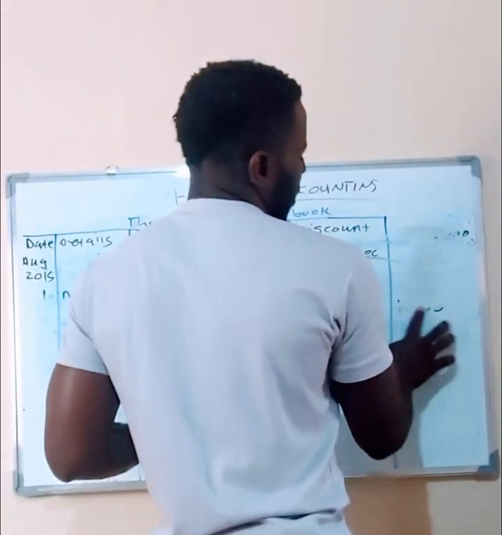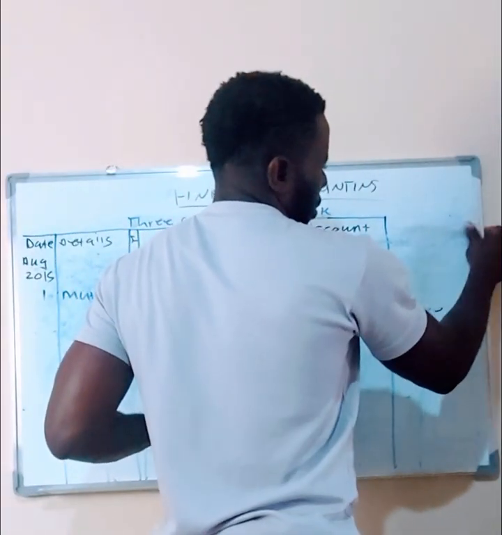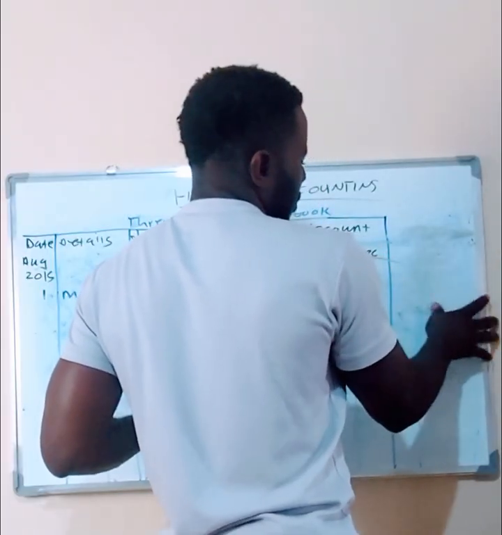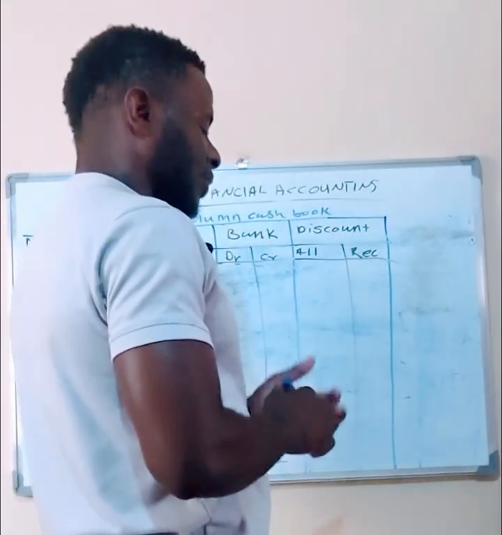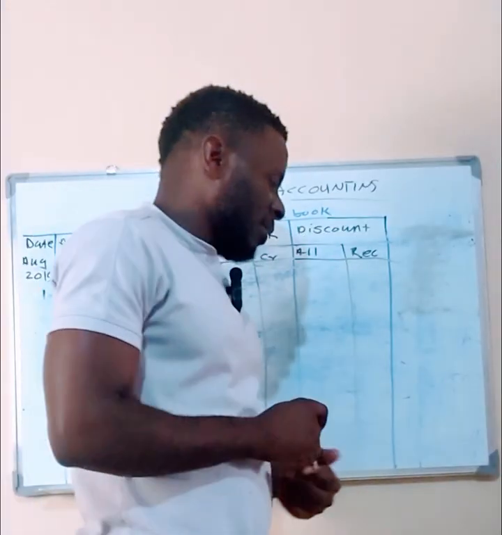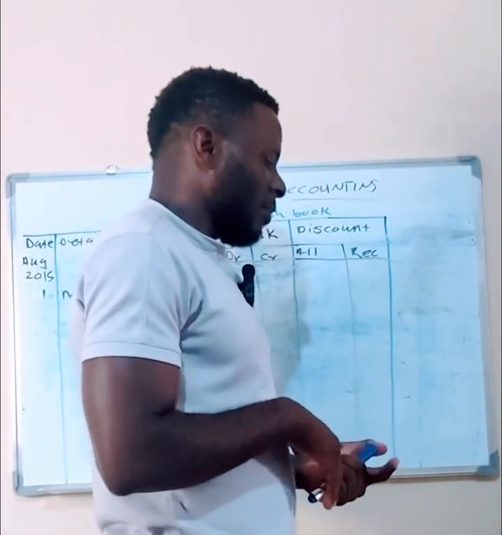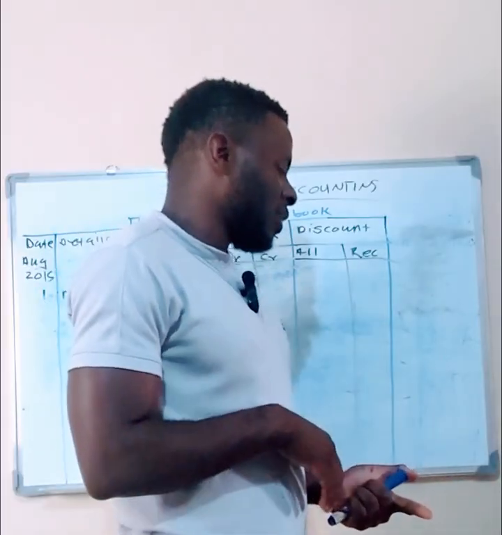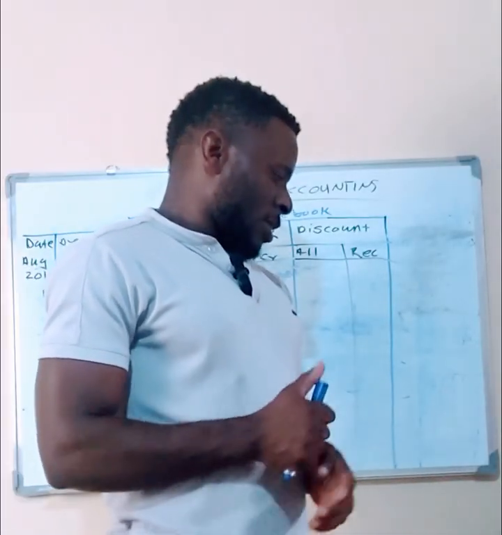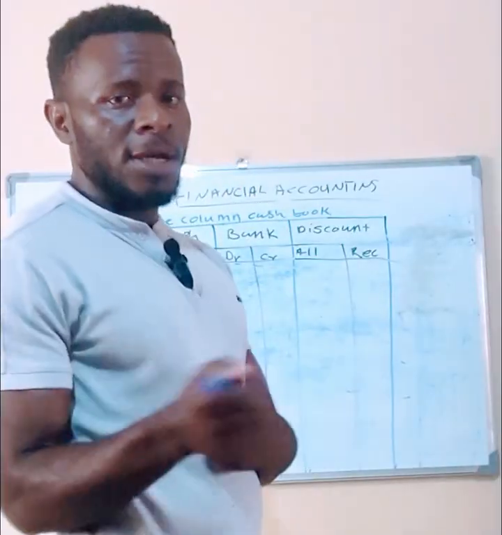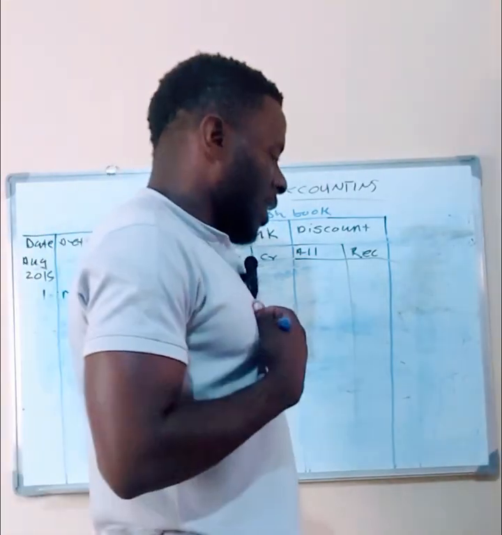So if you go back to your grade 5 mathematics, 10% is the amount that was given, the discount that we have been given. He allowed us a discount of 10%.